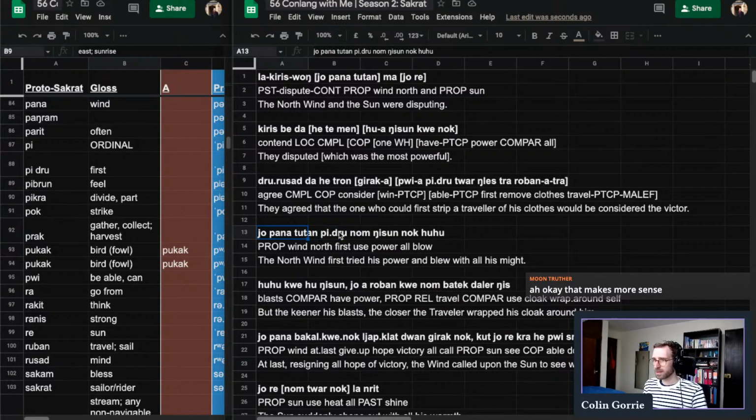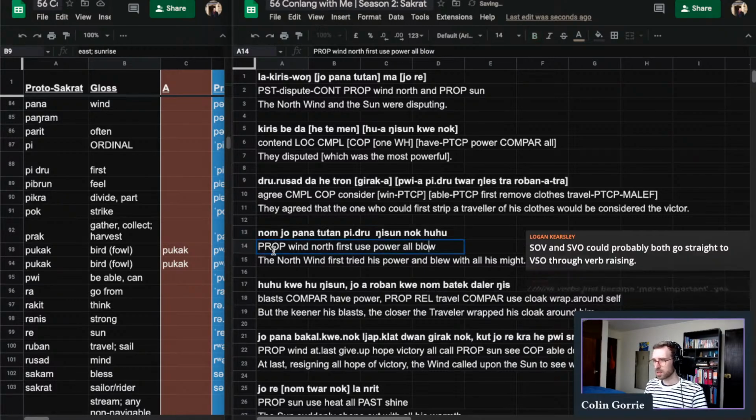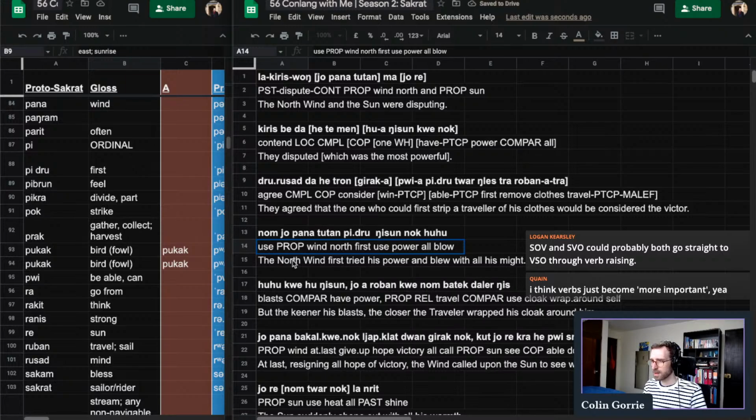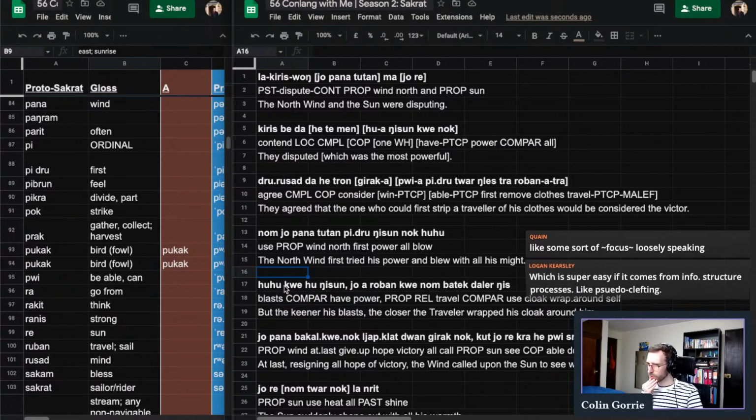Okay, then what else do we have? Yo panatutan pidru. So this needs to be raised. Used. Nomio panatutan pidru ngisun nok huhu. And then we have this huhu kwe hungisun. The keener his blast, the closer the traveler. So we need, first of all, to take this and put it as a suffix.